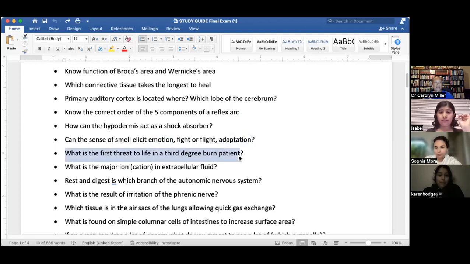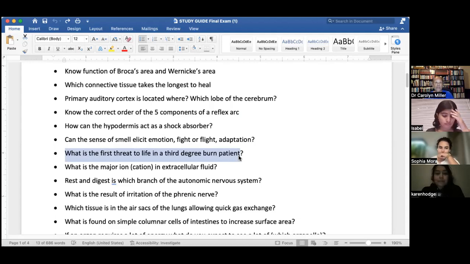What is the first threat to life of a 3rd-degree burn patient? And it is dehydration. We're concerned about electrolyte balance. Later on here, and you've already told me on the previous exam, hyponatremia occurs where we take in too much water, we overdilute the sodium, and there's not enough sodium to rush in to generate an action potential. We have to have that homeostatic balance, the right hydration status for proper action potentials, the sodium.